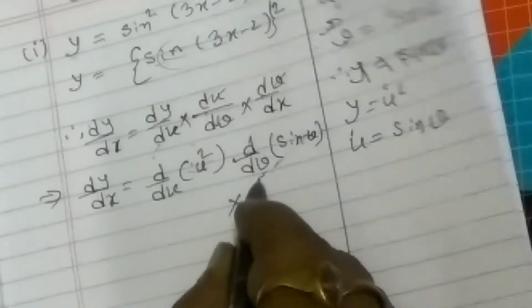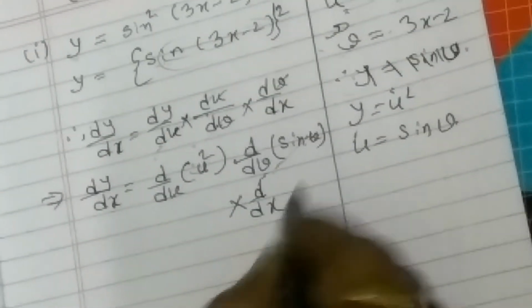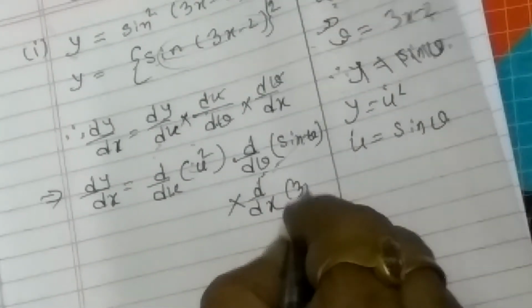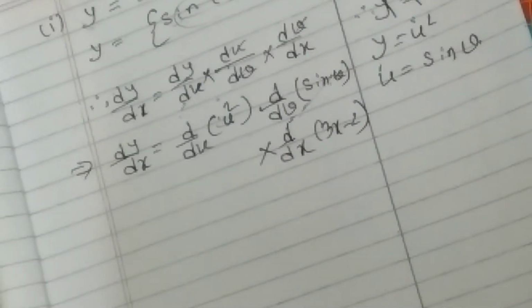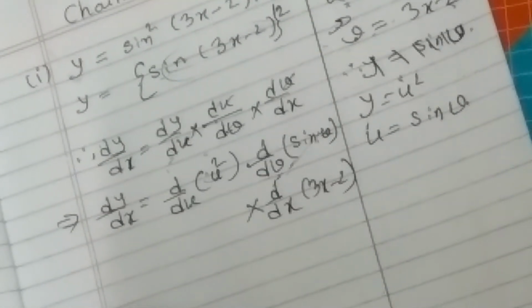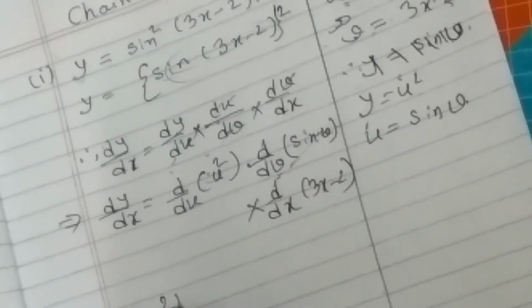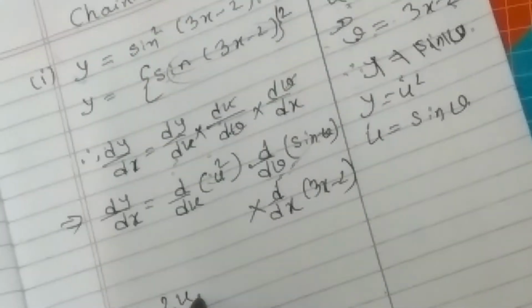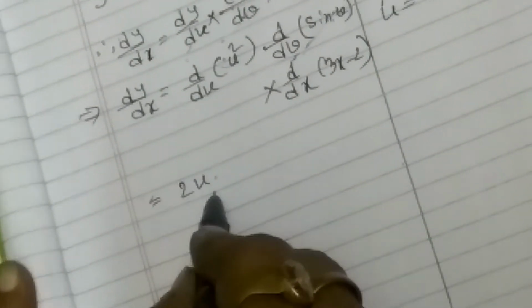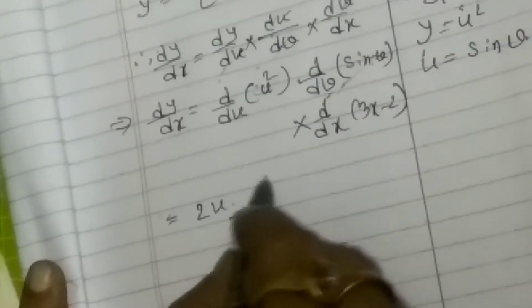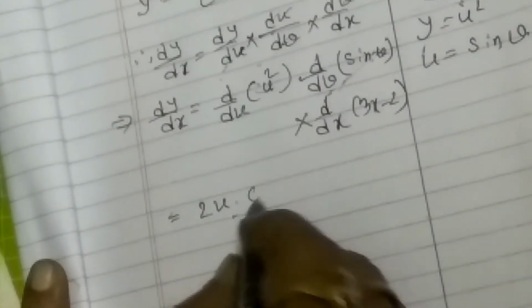So u equal to sine v and dx of, see, every derivative is with respect to the same parameter, u with respect to u, v with respect to v. So sine v is a standard form, 3x minus 2 is also standard form. So the purpose of the chain rule is to bring all the format under standard form, so that it is accessible to differentiation.